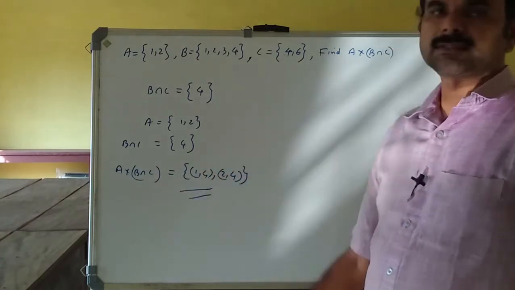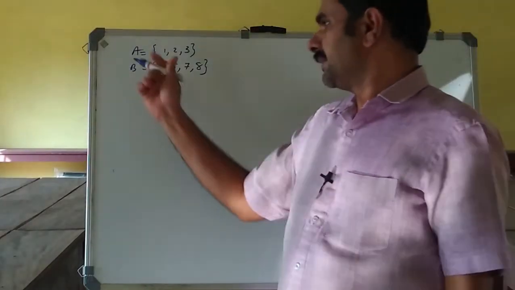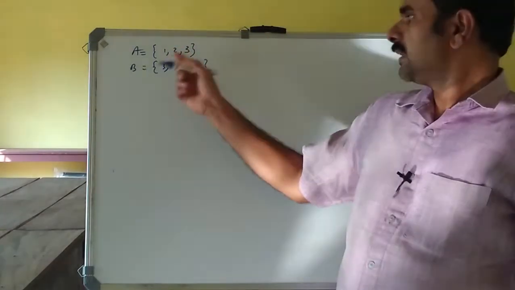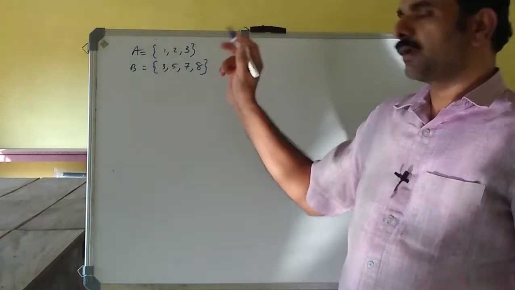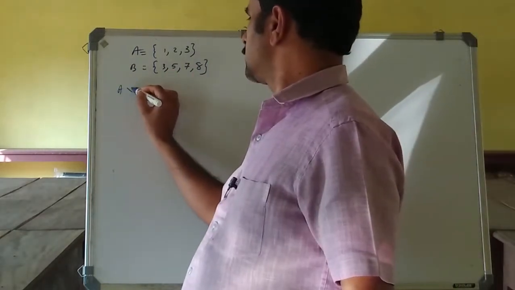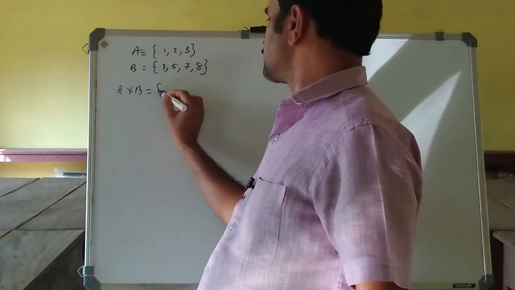That is 2 elements. You are given two sets, capital A and capital B. Capital A contains 3 elements and B contains 4 elements. What will be A cross B? A cross B is equal to the set.